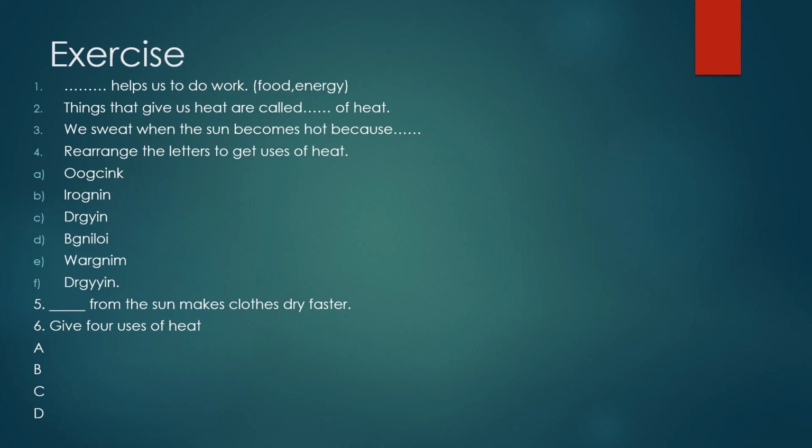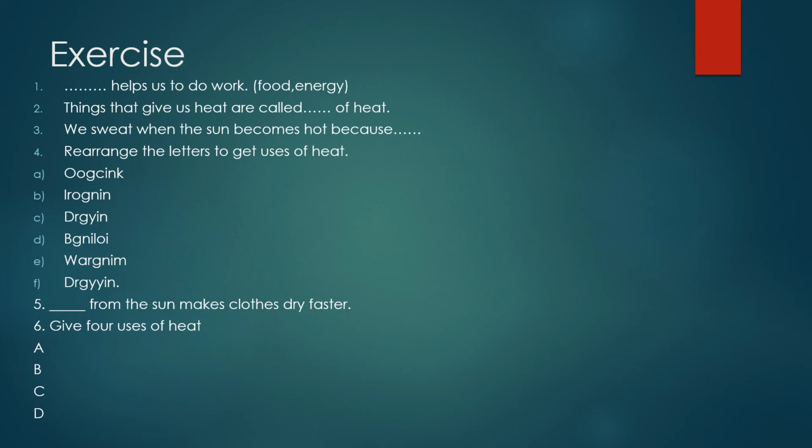Then we have D. The letters are B, G, N, I, L, O, I. They will make the word boiling. Boiling is also a use of heat. We boil things like water.